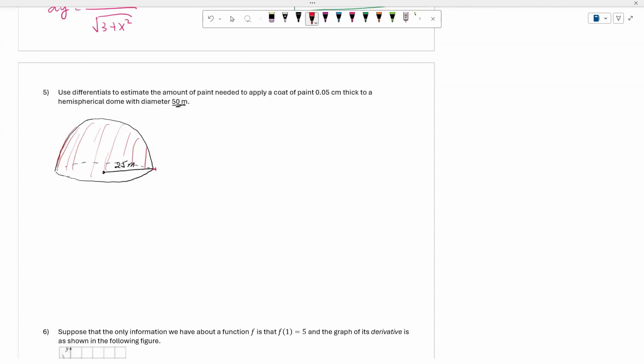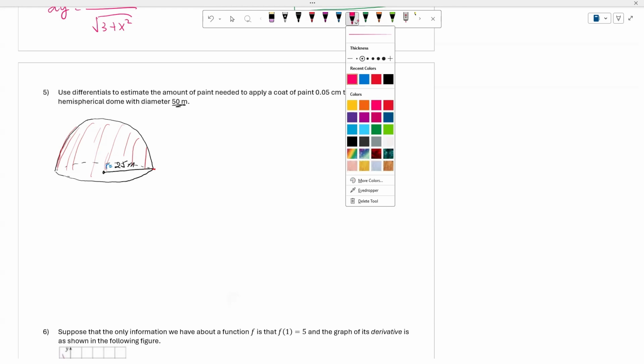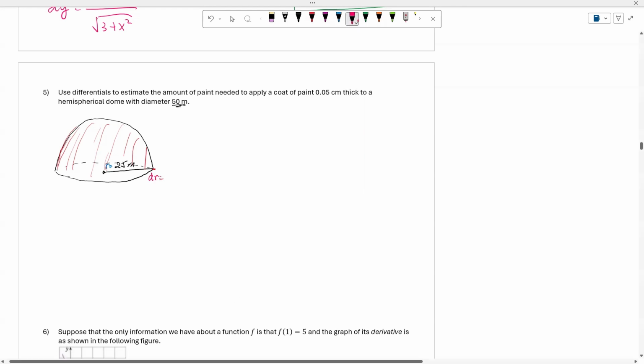That means right now I have the thickness of the coating. If I call the radius r, then the coating is probably the change in r, which is dr, which is 0.05 centimeter. And now you will see that when we apply the paint to the dome, we increase the volume.